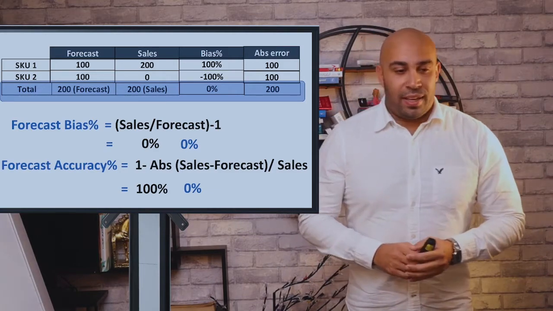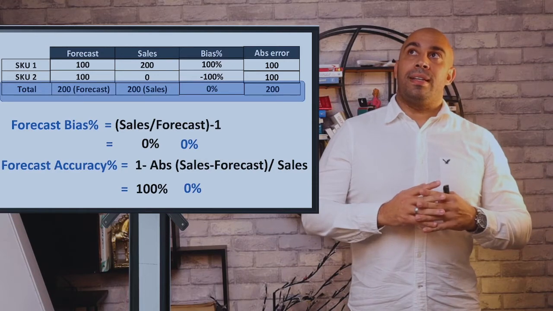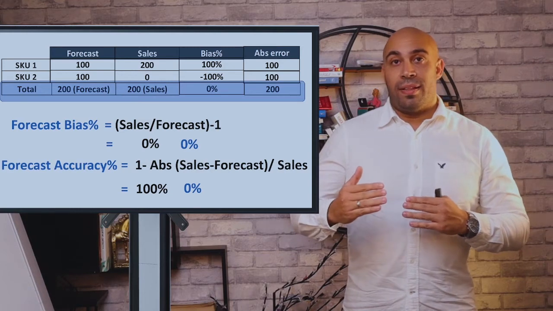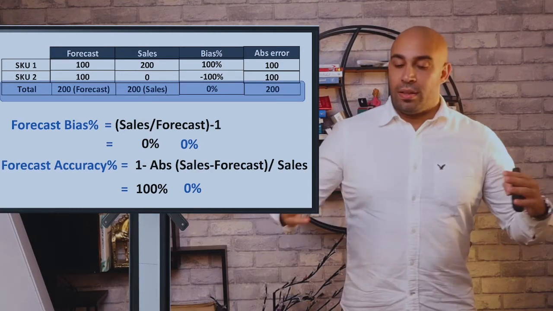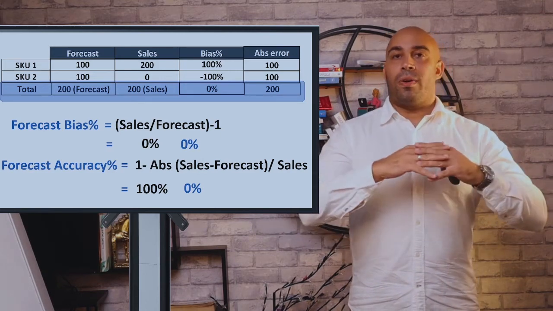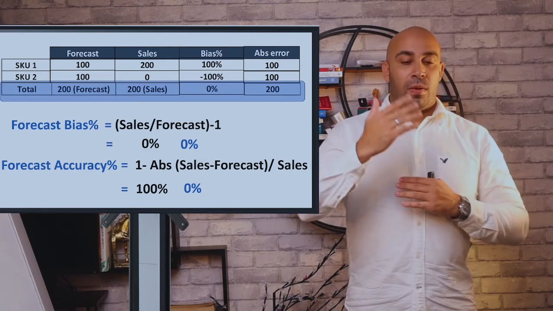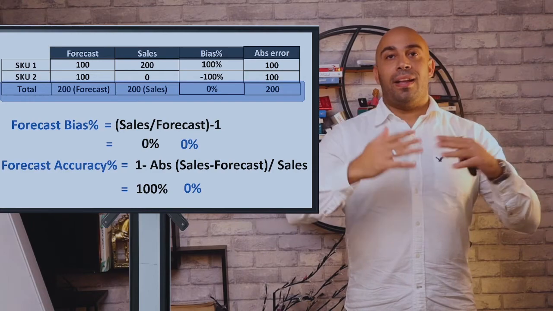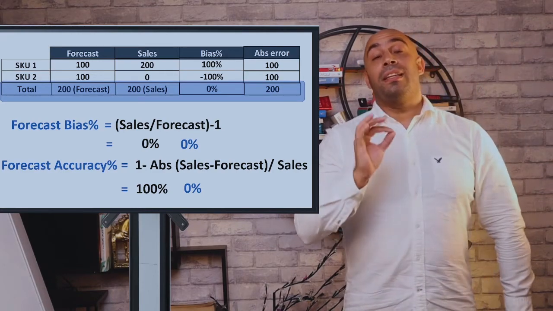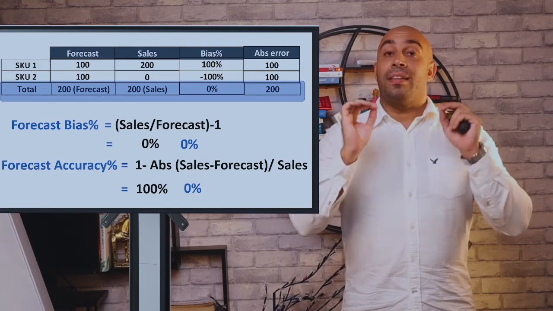Just in a simple way, forecast bias gives you an overview over the segment, how you are performing. If I sold over my forecast, then it's positive bias. If I sold under the forecast, then it's negative bias. It is just offsetting whatever errors in such ways, whether positive or negative. So we are aggregating these errors and offsetting them both ways. But forecast accuracy gives you the mix of the products for each category at SKU level.